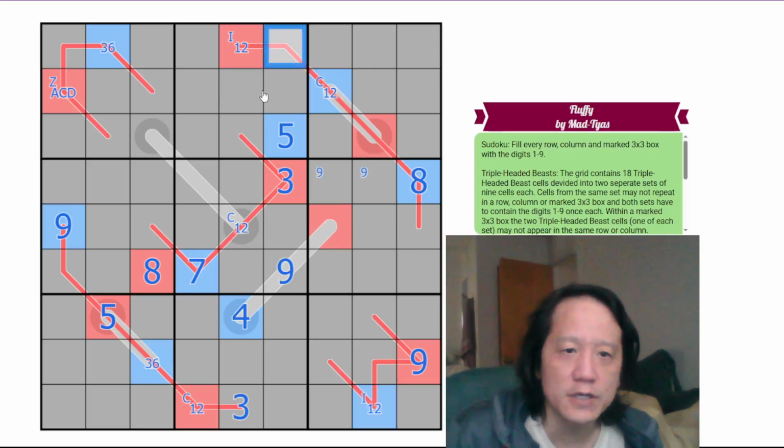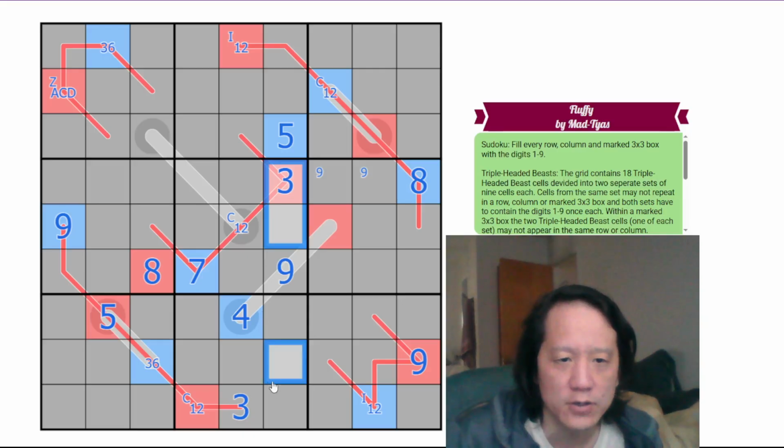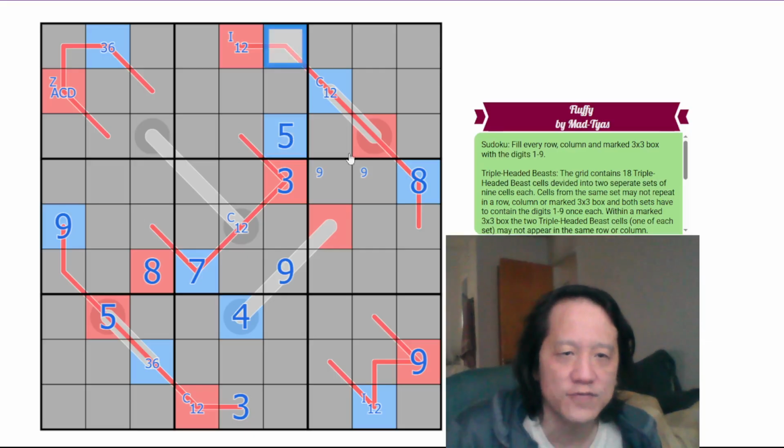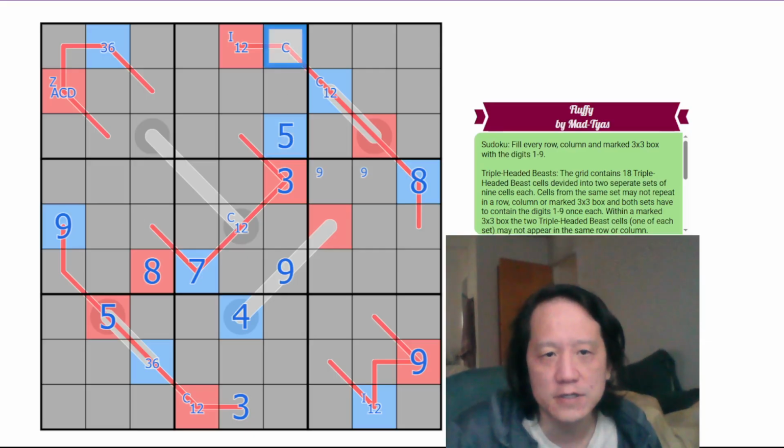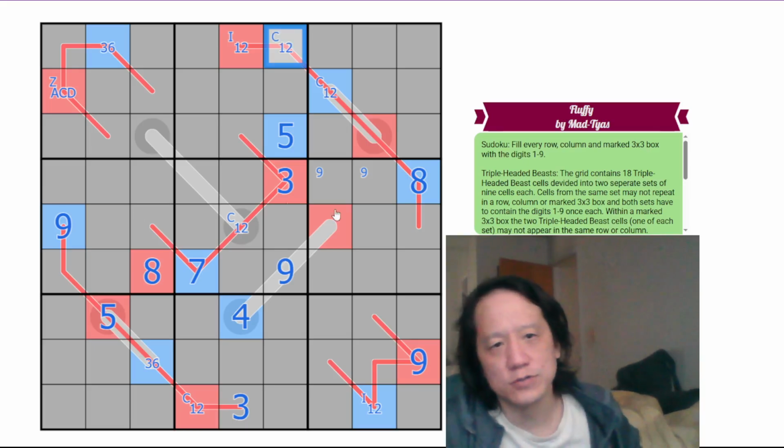So where's C in column 6 then? Can't be here because C's in the box. Can't be here because it sees this C, and this is 5. So we have C here also. So this is 1 or 2.